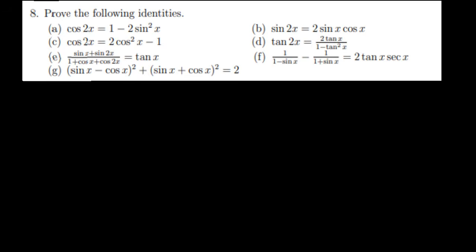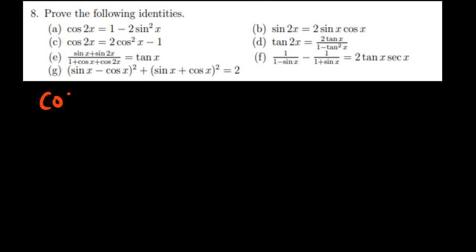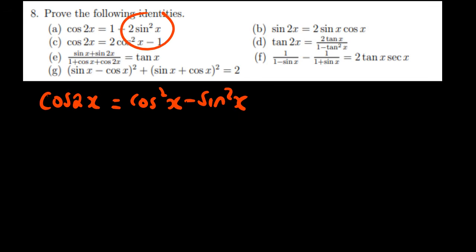Now the identity that I gave you was cos 2x equals cos squared x minus sine squared x. Now we wanted to have a sine here. So I'm using the left hand side to give us the right hand side, because there's a sine here and a sine there, so that's my target.